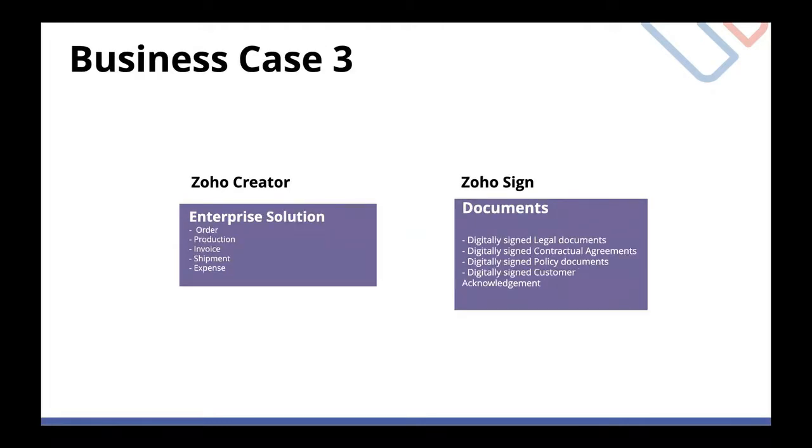And coming to the third business case, where we have a manufacturing organization where a lot of transactions are happening, and each transaction requires approval or the legal signature of authority, right?